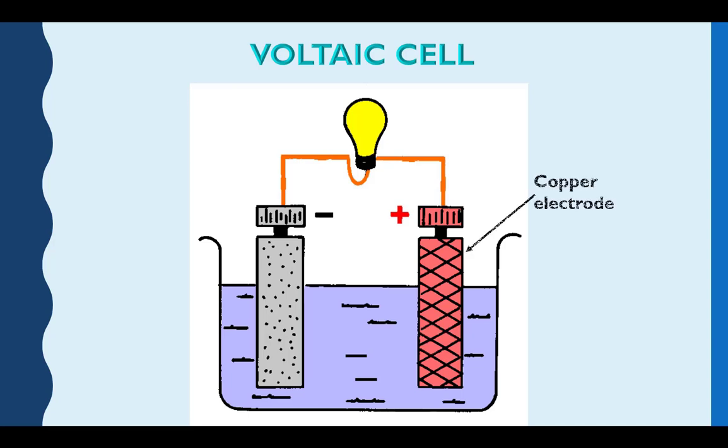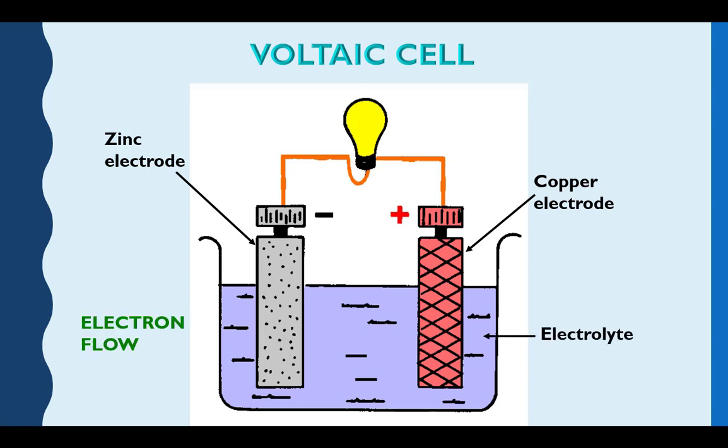The way that it works is you have a copper electrode, you have a zinc electrode. They're chemically different, atomically different because of their atomic makeup. And when they're immersed in electrolyte, that causes a transfer of electrons.